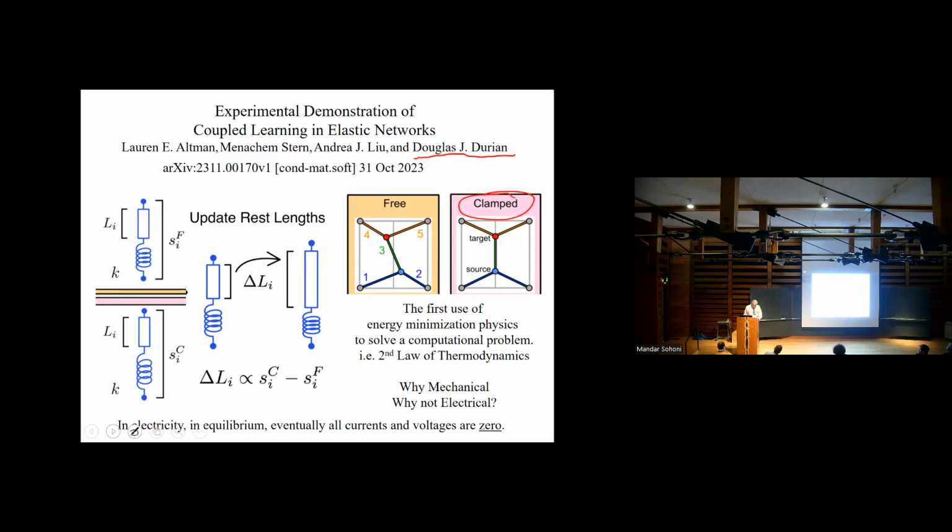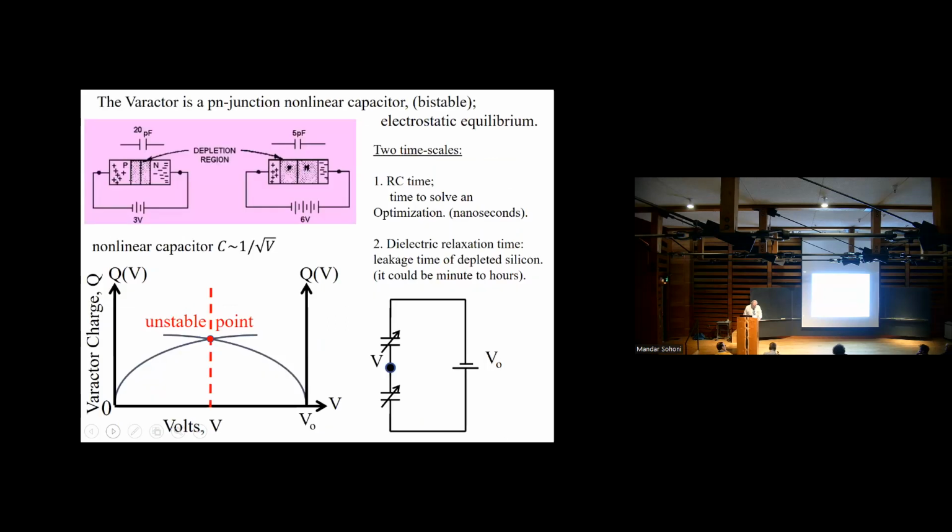So I asked myself, oh, that's good, but it would be more practical if it was electrical. So, can I find an electrical way of having a bistable system that settles down to an interesting solution to an optimization problem?